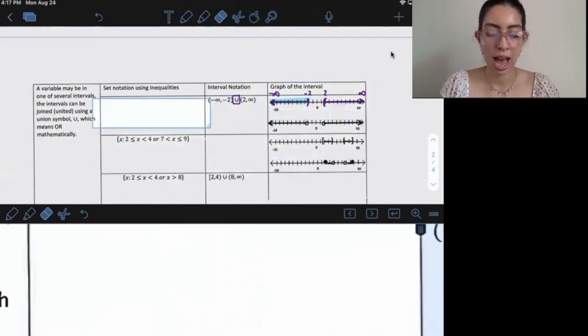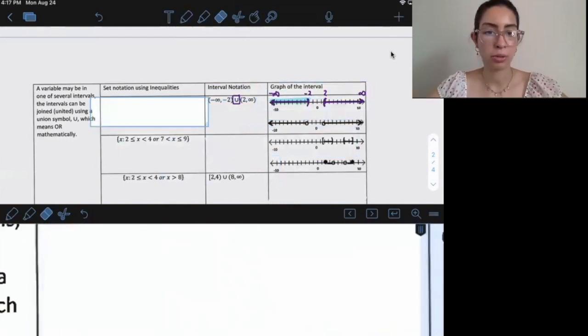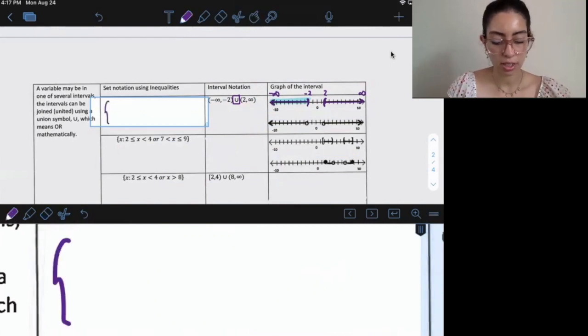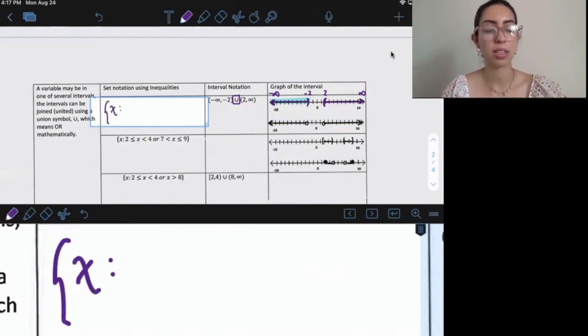And how do we write this as a set notation? So we still are going to have the curly brackets, and still describing this as X. What is going to happen is we're going to have two different sets of inequalities.